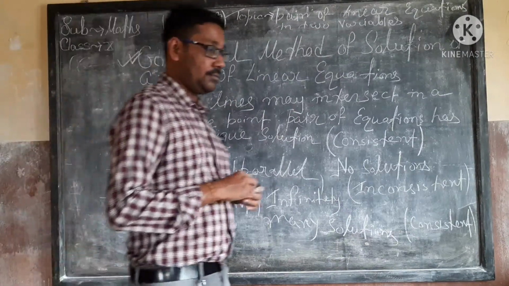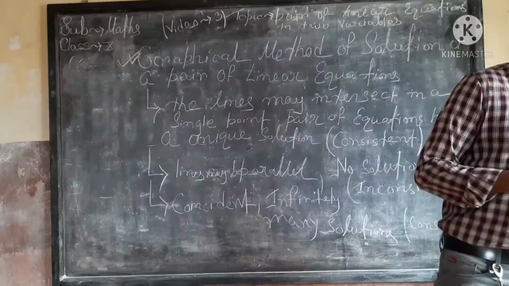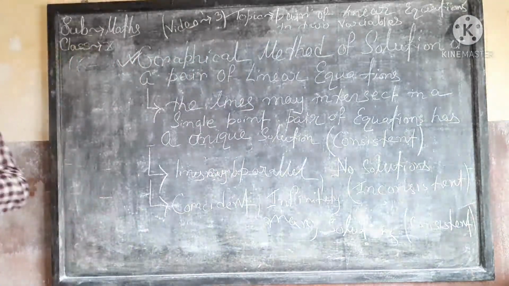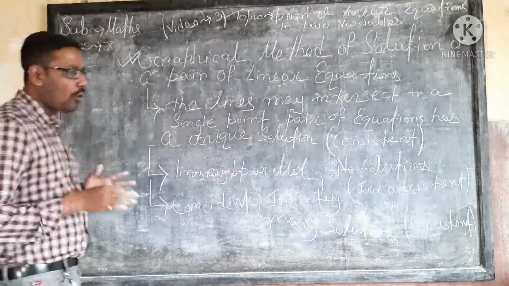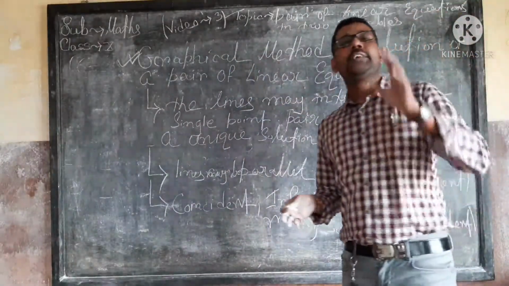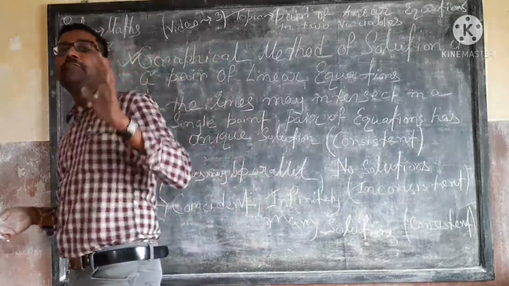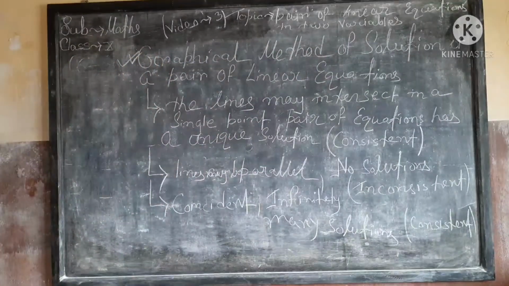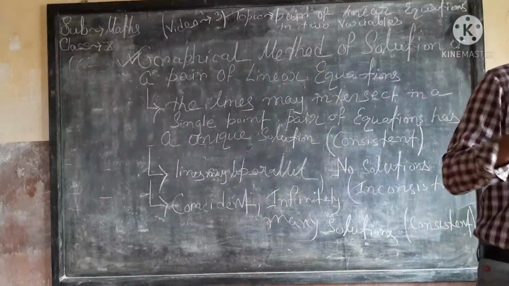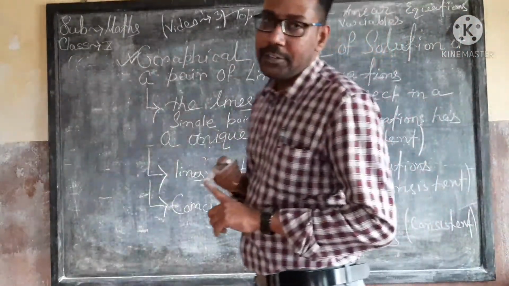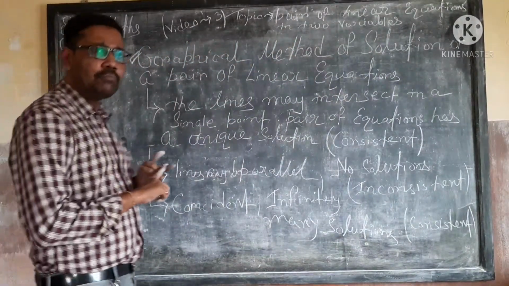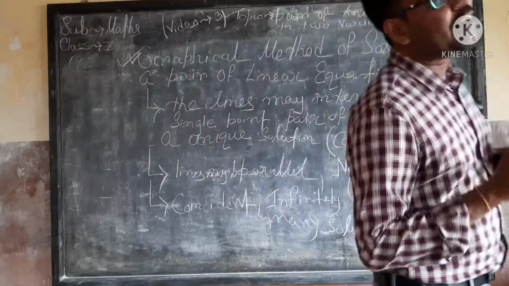Also, we solved some problems of exercise 3.1 of your NCERT, which contains all the questions in the form of problem sums. In these problem sums we construct the pair of linear equations in two forms: the first is the algebraic form and the second is the graphical form.